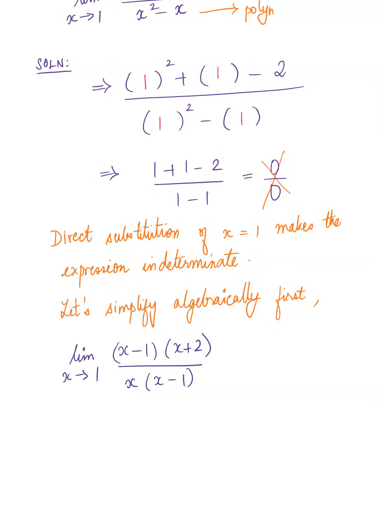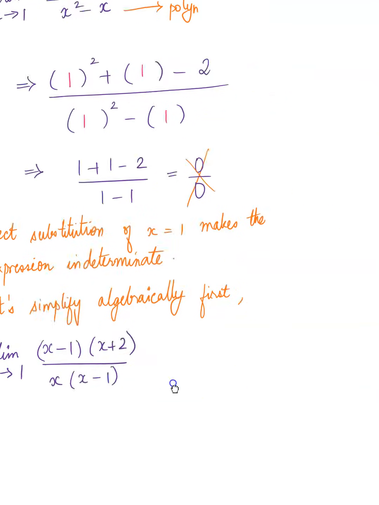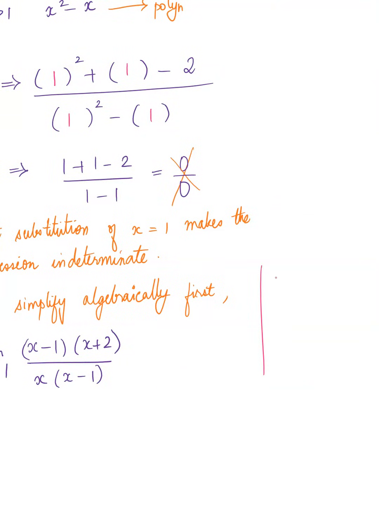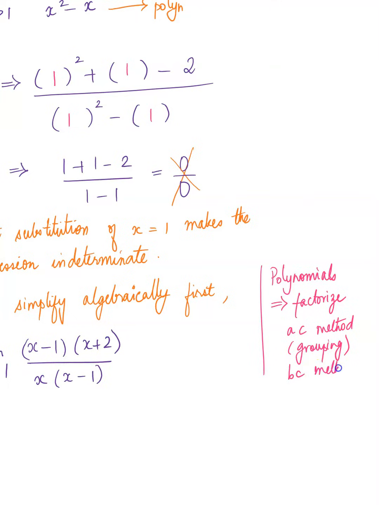Okay. So as a quick aside, polynomials means you have to factorize them if you are looking to simplify it. To factorize, we call the AC method, or the method of factoring by grouping. For shortcut, sometimes we call it the BC method, which is basically your X method or the diamond method.